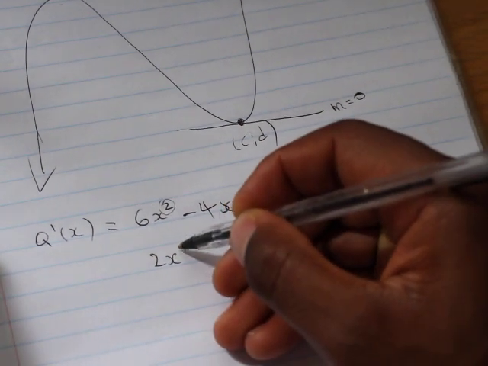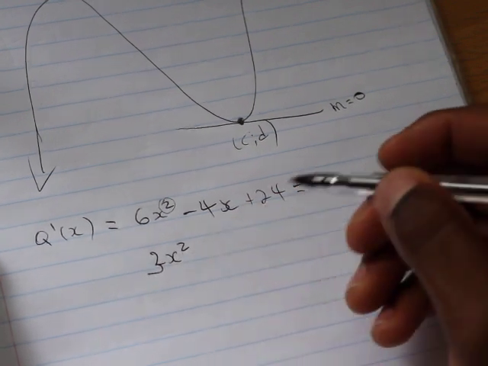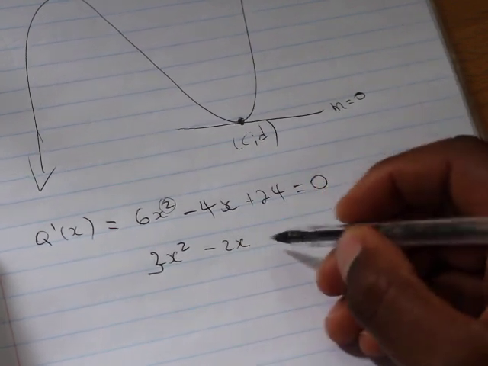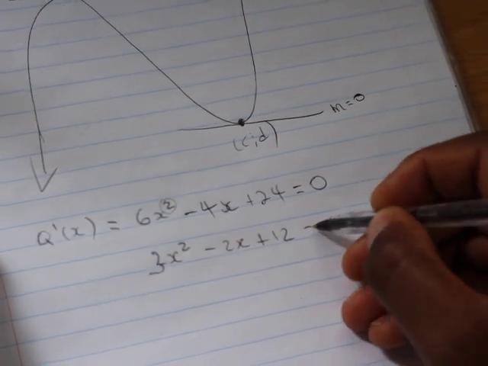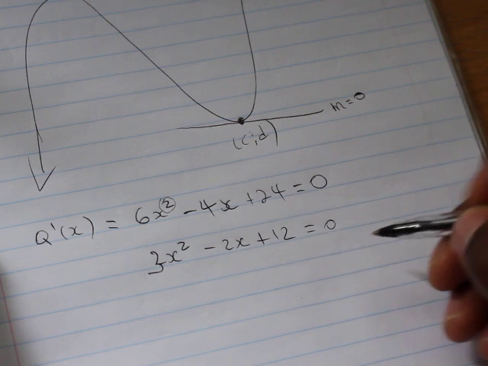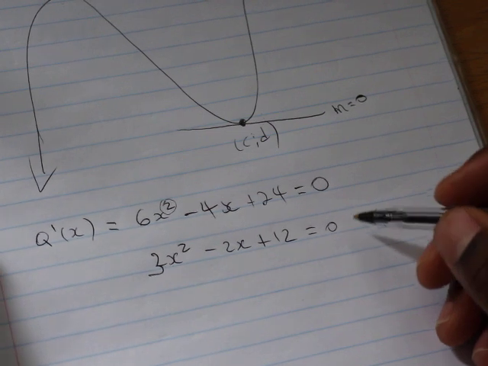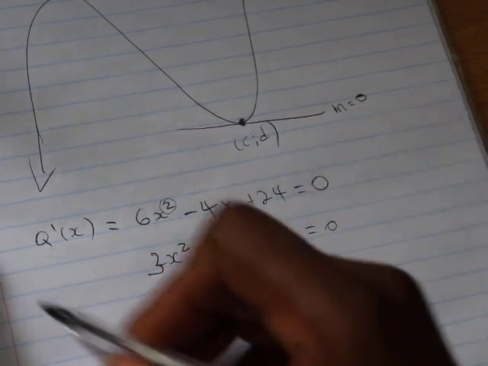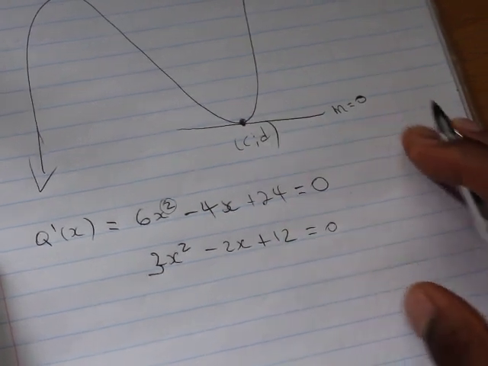So we've got 3x squared minus 2x plus 12 is equal to 0. So I just came up with this equation.